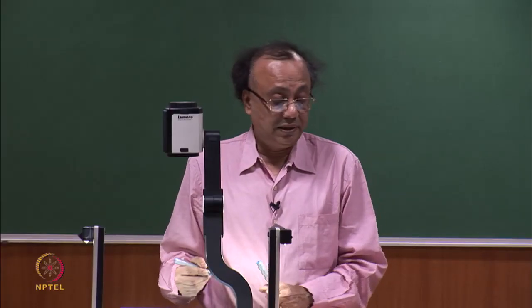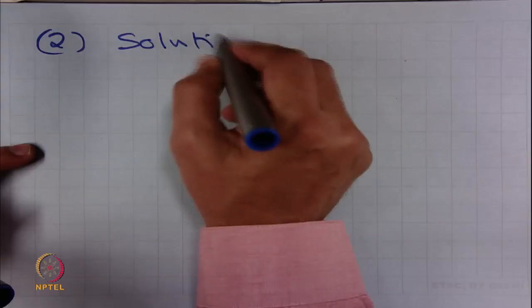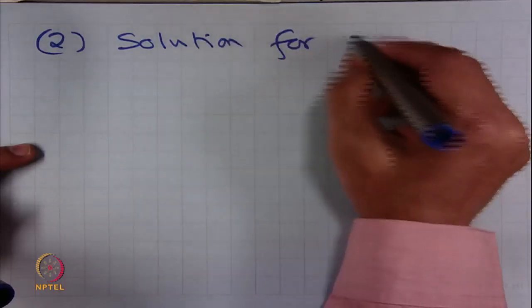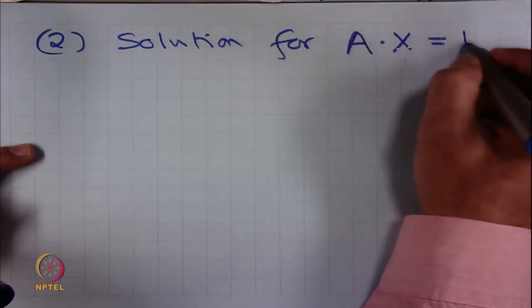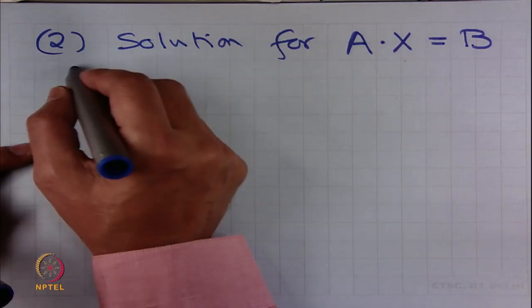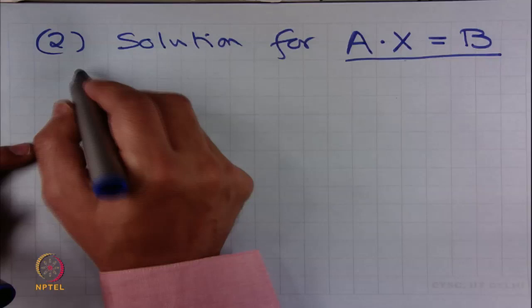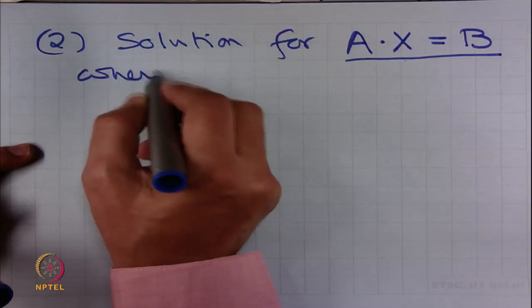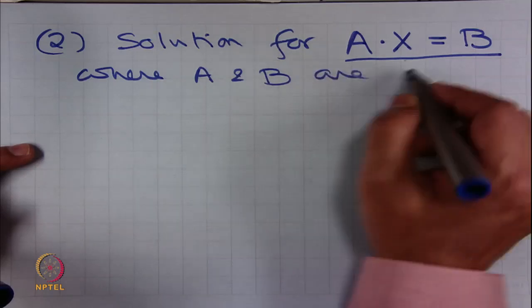Let us now look at solution for A dot x is equal to B, that is, we are looking at multiplicative equation where A and B are fuzzy numbers.